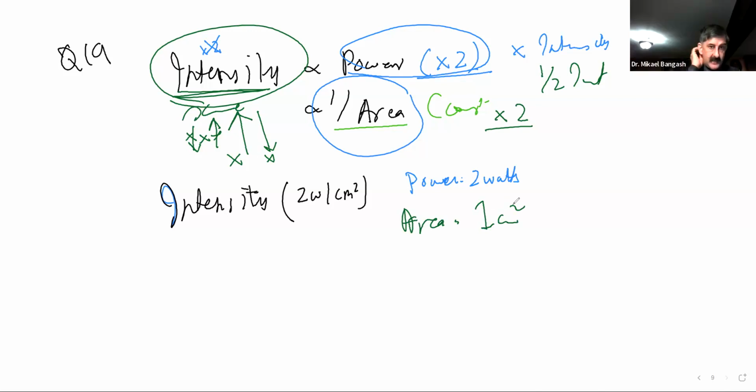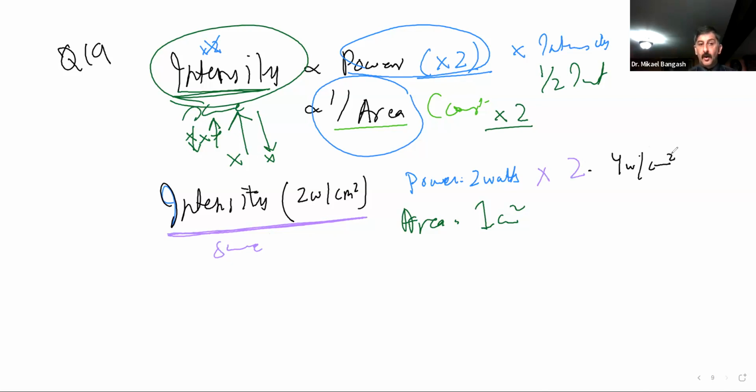Now what they say here is that our intensity will remain the same, although we doubled the power. If that was the case here, the intensity would have become 4 watts per centimeter squared, right?